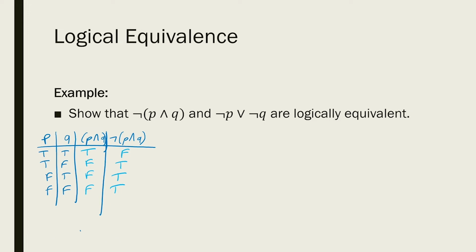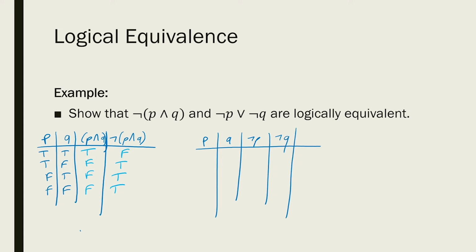For the second compound proposition, we do the same thing with a different truth table. This time we're going to look at not P, we're going to look at not Q, and we're going to look at the disjunction of both.